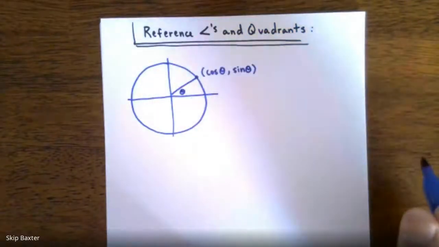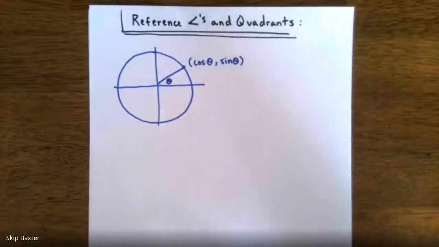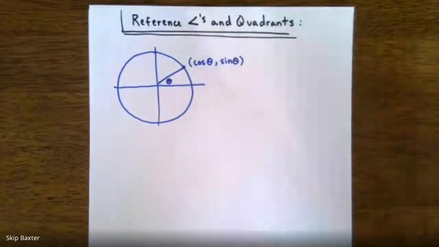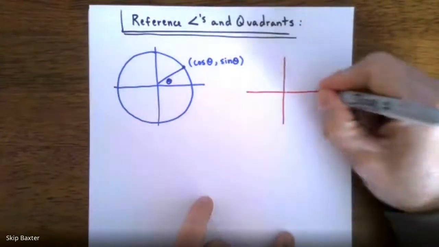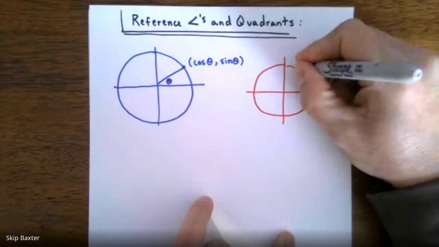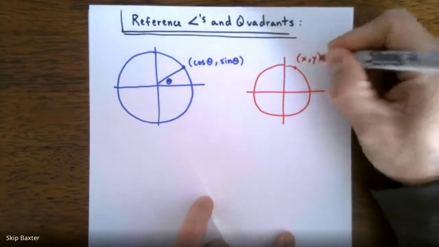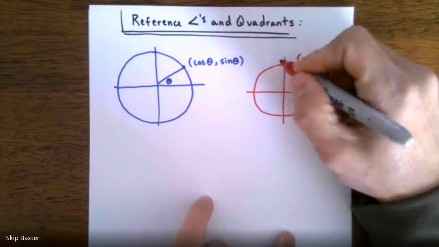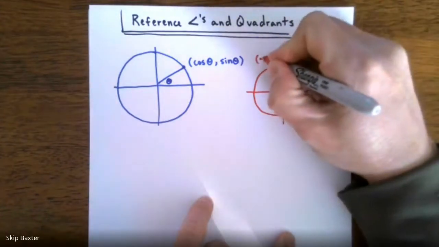All right. But another thing that's true about the unit circle, if you just think about it logically, is if you have a point on the unit circle, for example, this point right here, whose coordinates are x, y, whatever x and y might be, right? Well, there's a corresponding point right here on the unit circle whose coordinates are negative x, y.